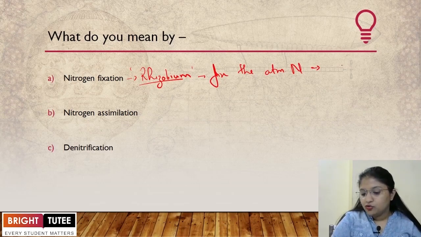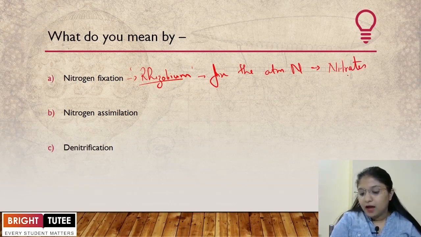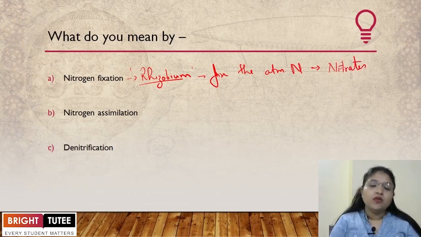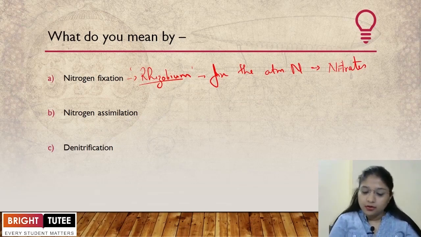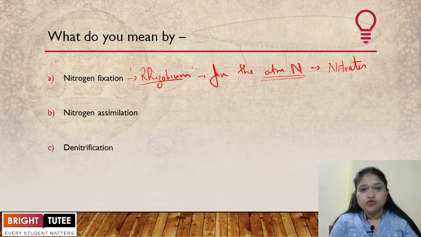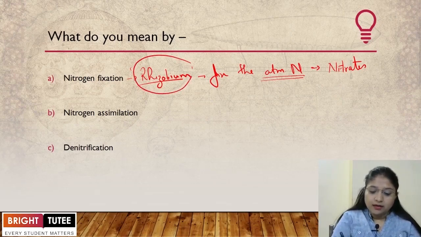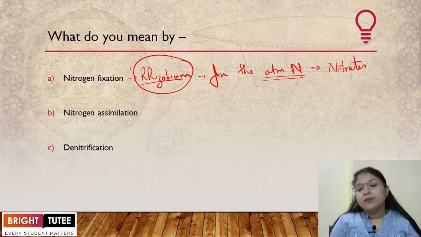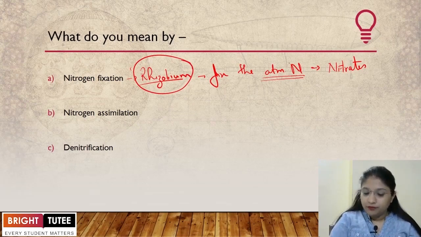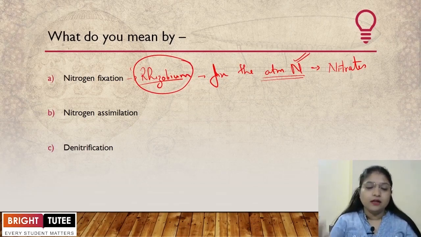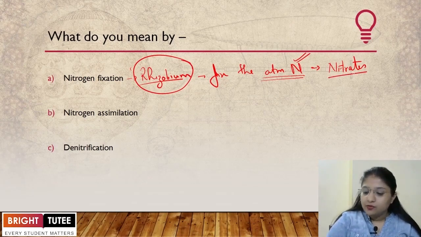nitrogen into nitrates. The thing is that the plants are not able to utilize, not even the plants, the animals are not able to utilize the atmospheric nitrogen, that is the nitrogen gas. But there are certain bacteria like Rhizobium. These bacteria have the ability of fixing this atmospheric nitrogen, that is the nitrogen gas, into nitrates.